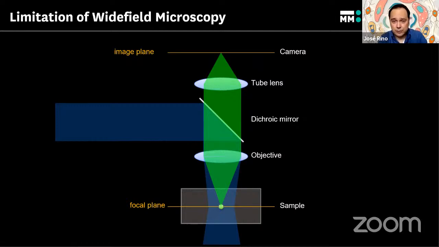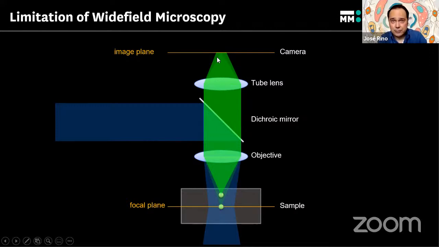Now, the problem with wide field microscopes is that we cannot really do optical sectioning with it because, as you can see, since the whole sample is illuminated from top to bottom, if you also have fluorescent molecules in planes above the focal plane of the sample, the image of these fluorophores will not be formed in the image plane of the camera, but a little bit above.